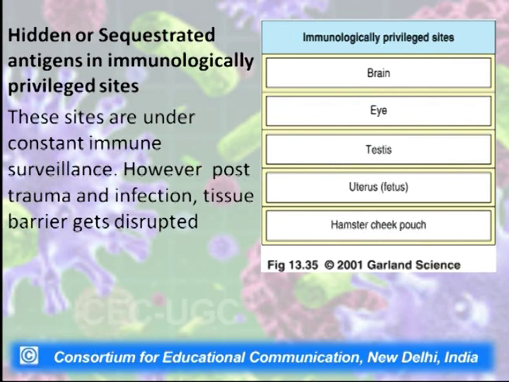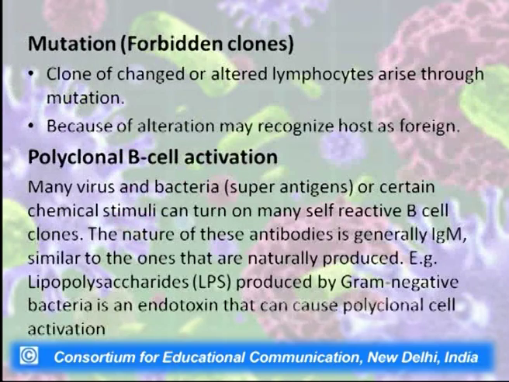Such cells are generally called hidden antigens or sequestrated antigens, and as I just said, they are generally present in certain privileged sites. These sites are under constant immune surveillance. However, post trauma and infection, the tissue barrier gets disrupted and our immune system hence mounts a response against the cells present in these immunologically privileged sites.